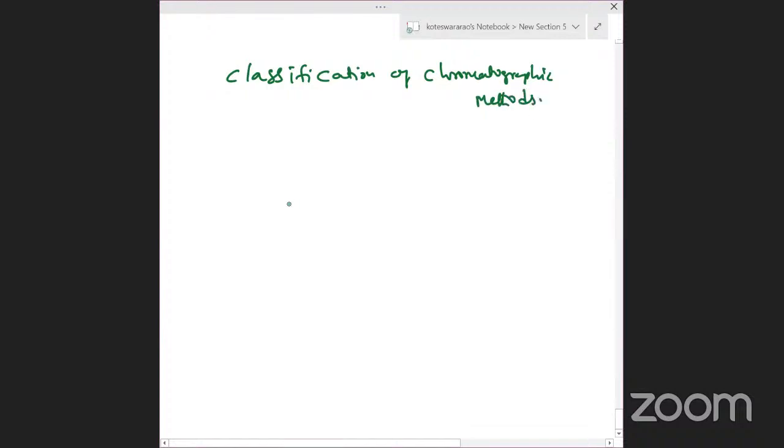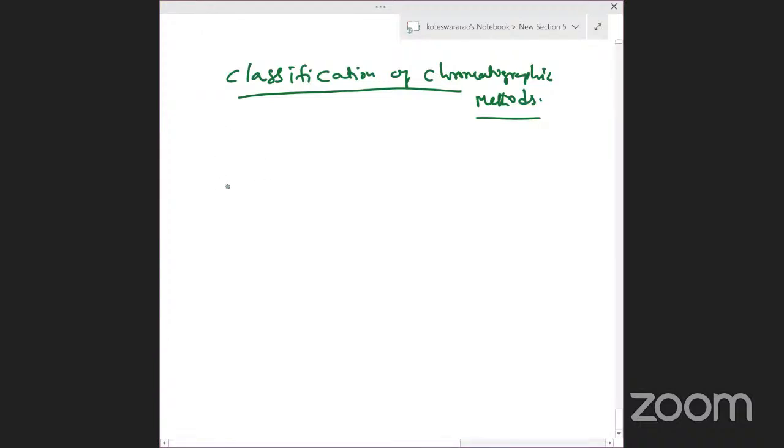A variety of stationary phases and mobile phases are used in different systems and techniques. Chromatography methods can be classified into different types depending upon the physical nature of the stationary phase, the physical state of the two phases, and the mechanism of separation of the components. These are the three ways we can classify chromatographic methods.